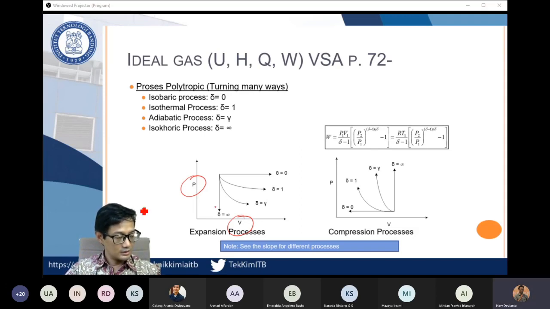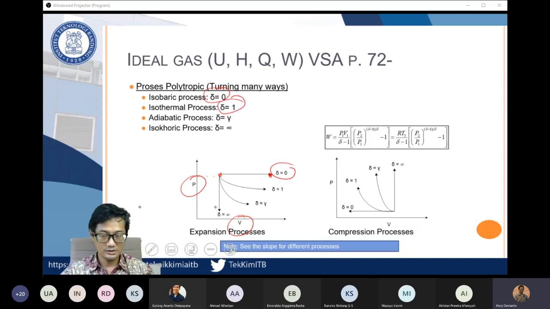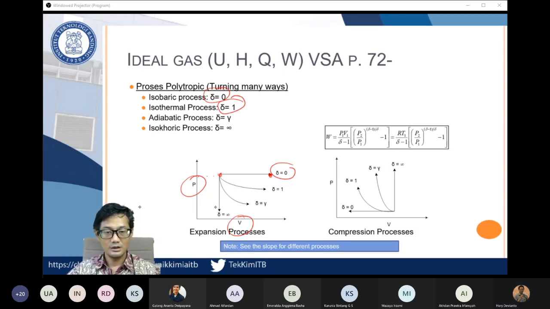Okay, so this is the small delta. When it's equal to 0, this is an isobaric process. You can see the same pressure from the initial and the final state. How about isothermal? When this one is equal to 1, there is a curve, but with a smoother slope.